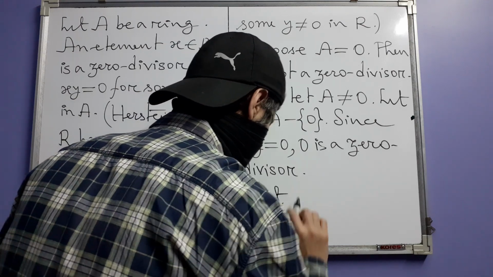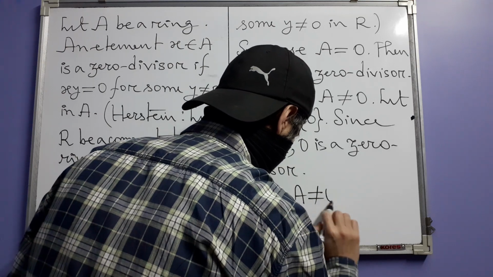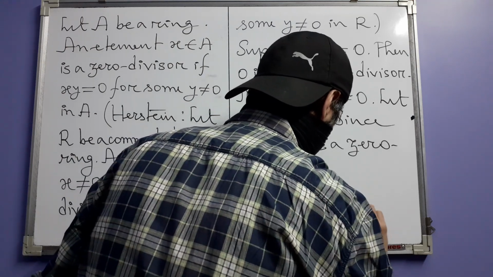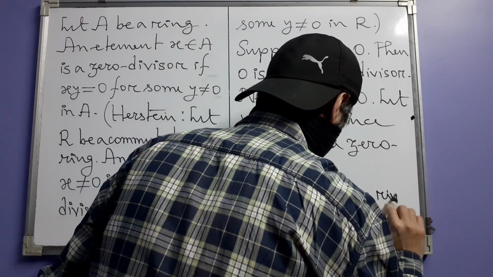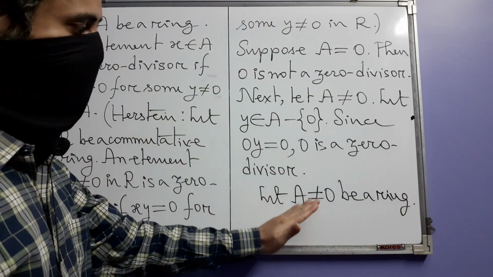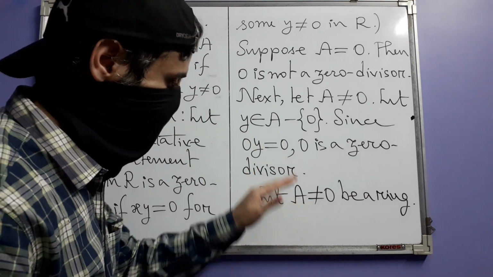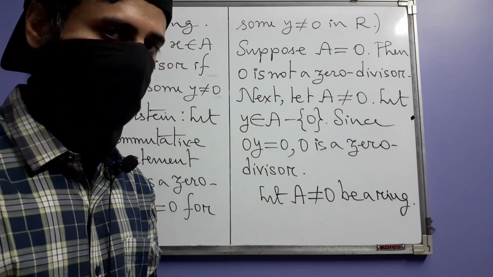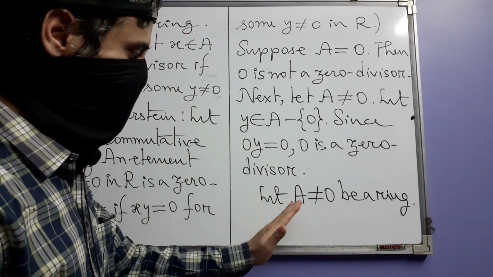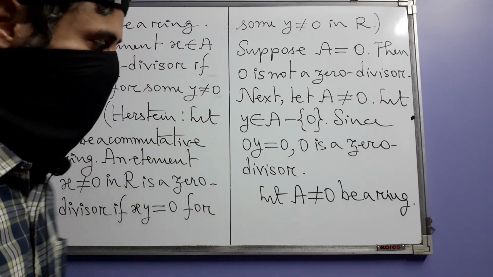Let A not equal to 0 be a ring. An integral domain, according to Atiyah Macdonald, is by definition non-zero. The zero ring is not included in the list of integral domains, according to this book.